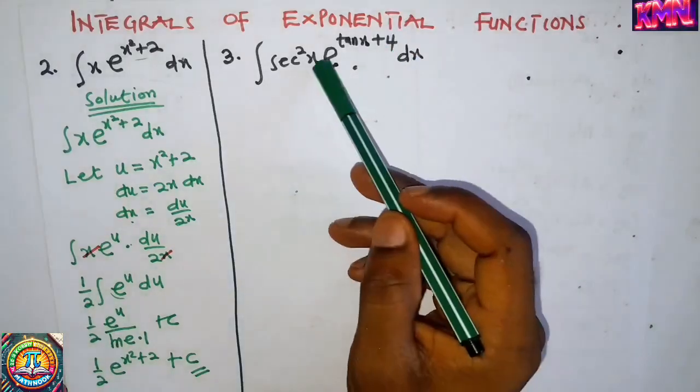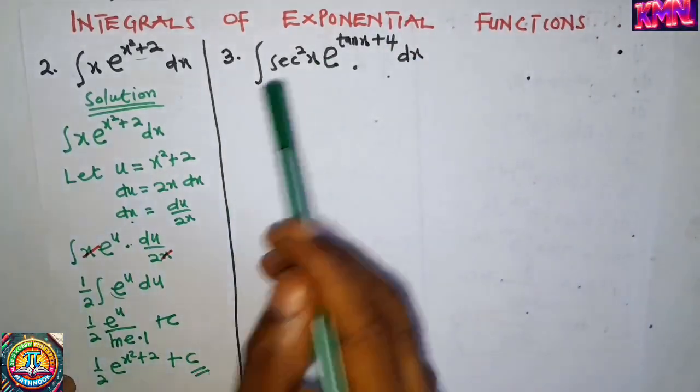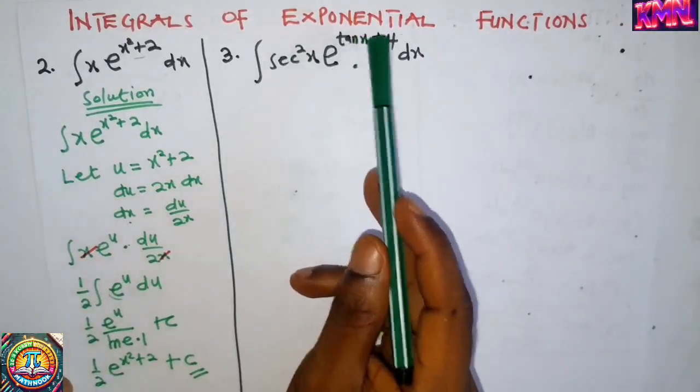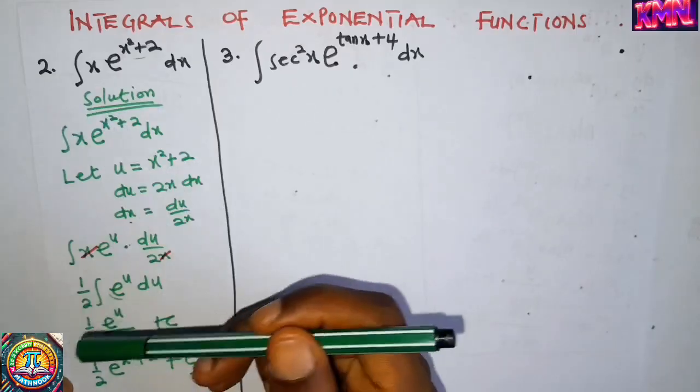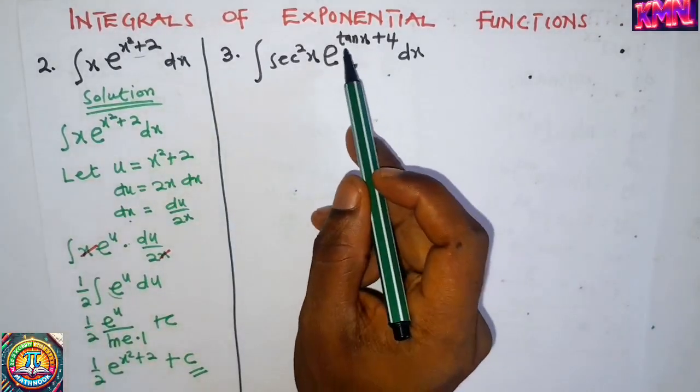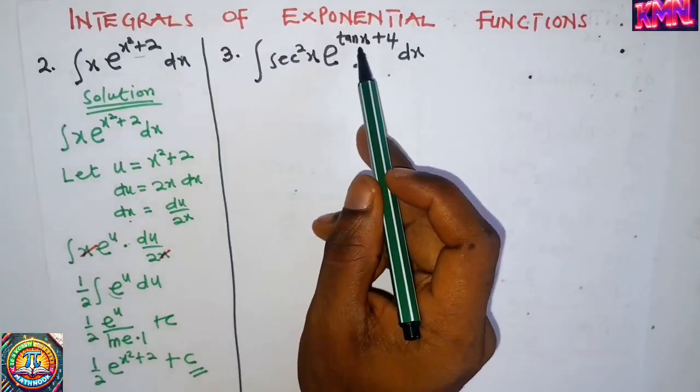In our third example, we are asked to evaluate integral of sec²x e^(tan x + 4) dx. In the same manner, you can see that when we differentiate tan x, that will give us sec²x.